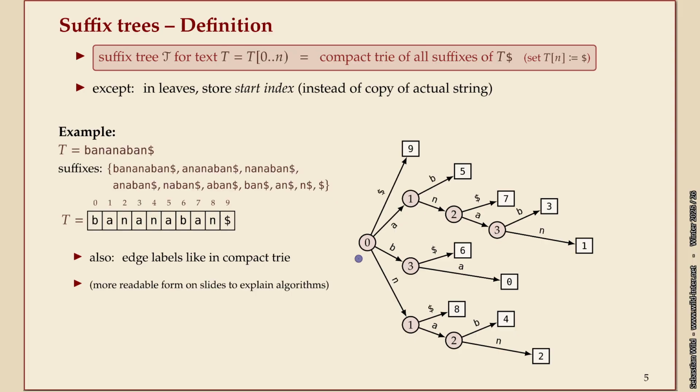We'll not worry too much about how the suffix tree itself, or tries in general, are stored. If the alphabet is really big, with tens of thousands of options, you might have to think about how to represent the child pointers. We'll not do that, basically because in bioinformatics the alphabet is either 4 characters for DNA, or maybe 20 or a few more for protein, but it's not going to explode.